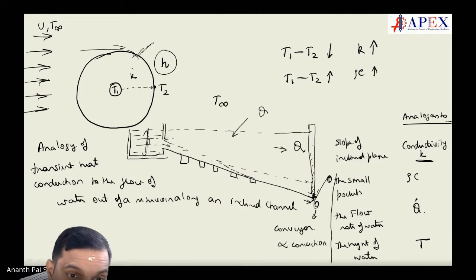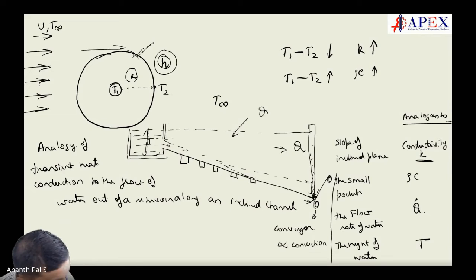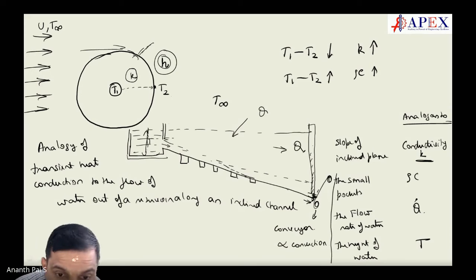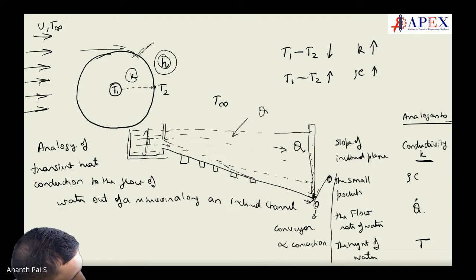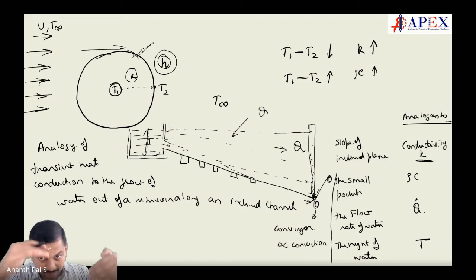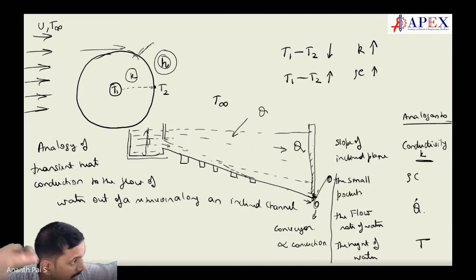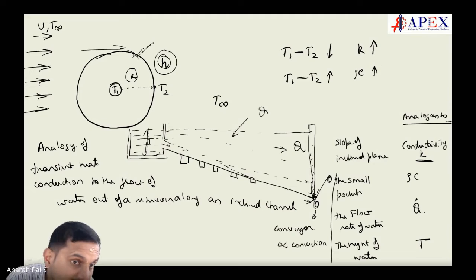So the relation between this K and H is very important, between the conductivity and the heat transfer coefficient. That relation is what governs the temperature distribution inside it, whether T1 is equal to T2 or T1 minus T2. How it is done, that is a convection conduction problem.